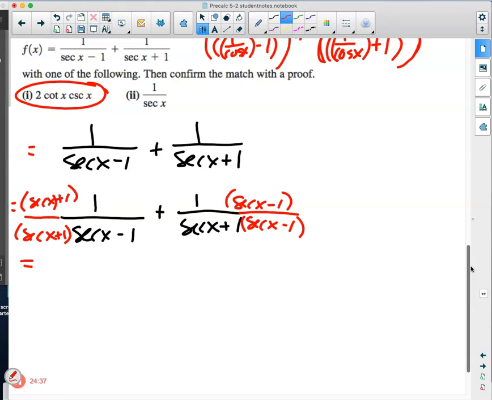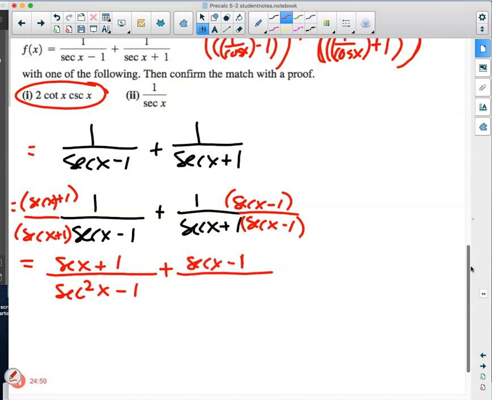So now we have secant of x plus 1 over, and I would say, hey, I know I have a Pythagorean identity that deals with this, so I am going to go ahead and make this secant squared x minus 1 right now, instead of leaving it separated.